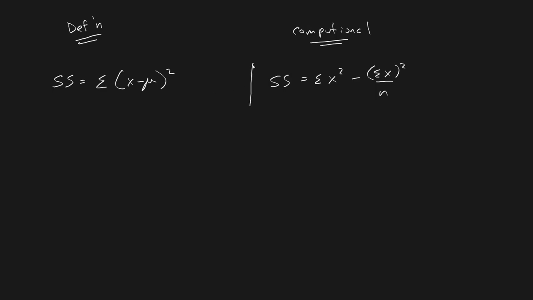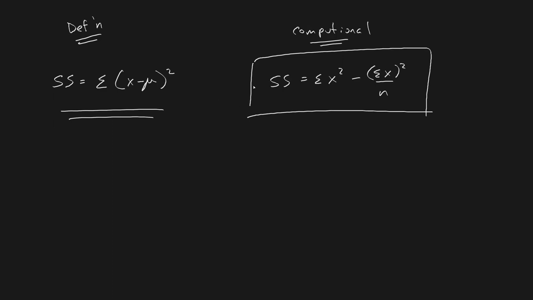However, the computational is a little bit easier when you have more than a few data points. So you might want to get used to using this one. Having said that though, if you just prefer the definitional one and want to stick with it and forget about the computational altogether, you could probably get away with that too, except for a situation where they specifically ask you to show that you understand how to do the computational formula, but I doubt that's going to arise.